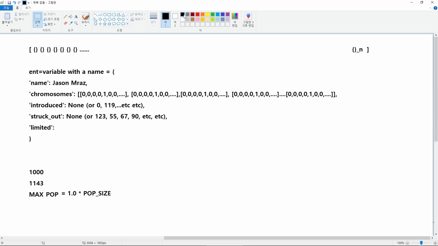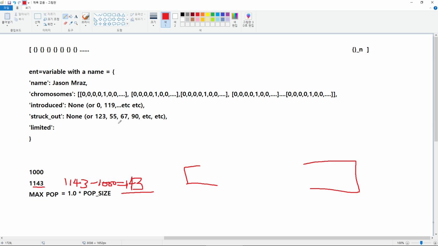So 1143 minus 1000 is 143. 143 entities will be left out of the current world.